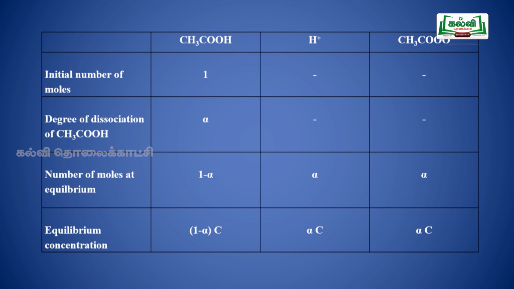Okay. So now number of moles at equilibrium: starting, you are having 1 mole, degree of dissociation is alpha. So the rest at equilibrium will be automatically 1 minus alpha. Since alpha got dissociated, the amount of H plus and acetate ions formed will be automatically alpha.